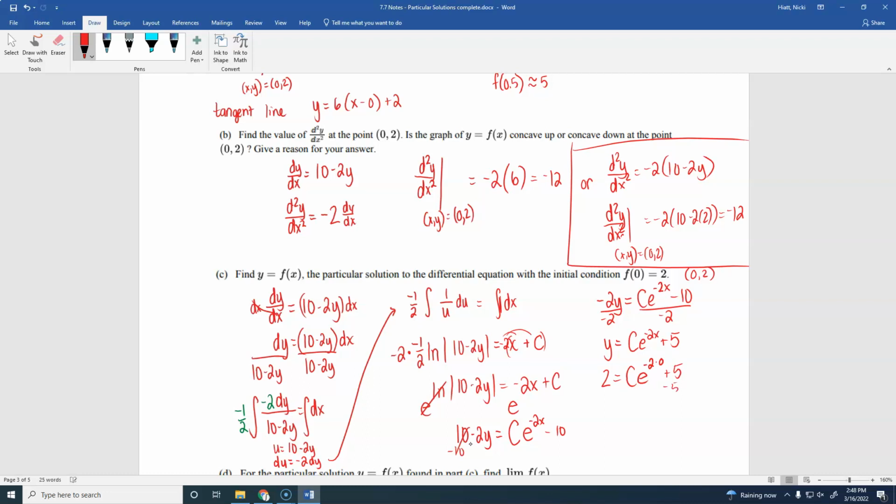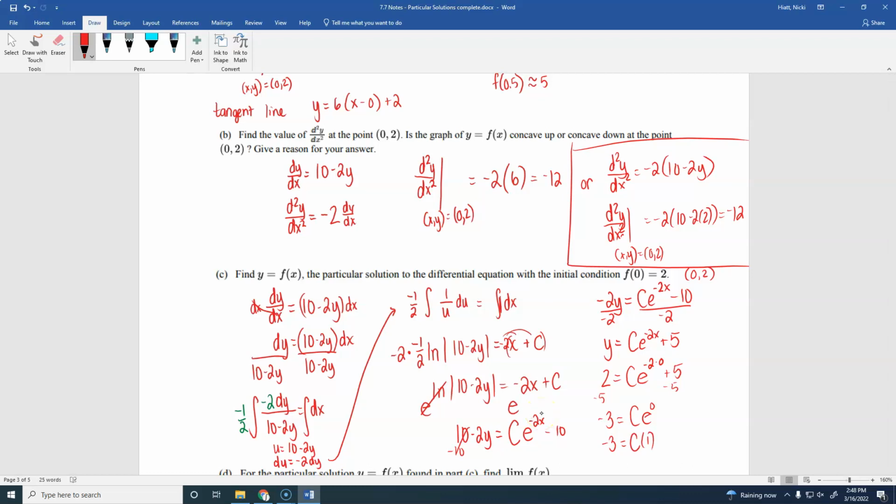So we could subtract our 5. We get -3 equals c e to the 0 power. And e to the 0 power is just 1. So -3 is our c, because that's c times 1, which is just c.